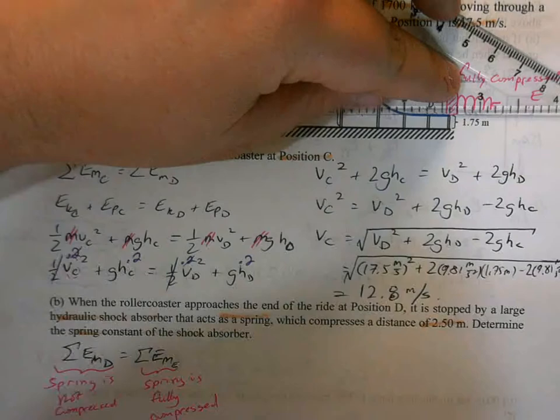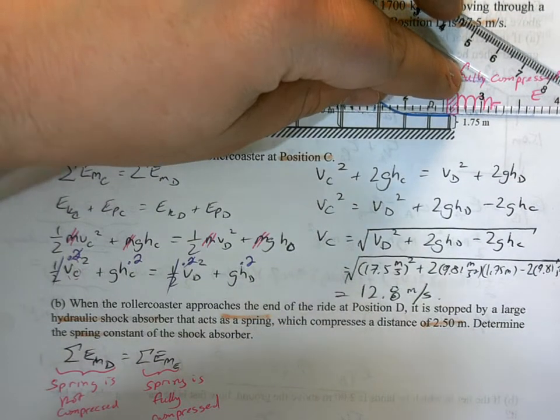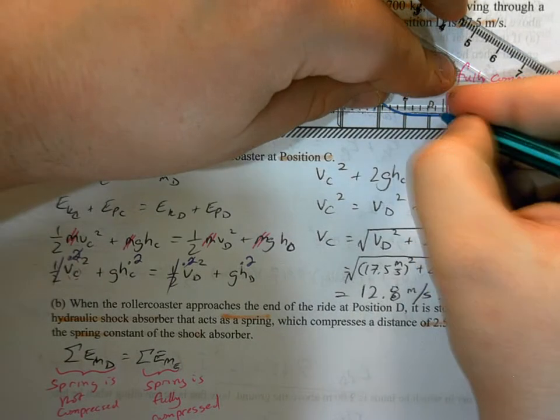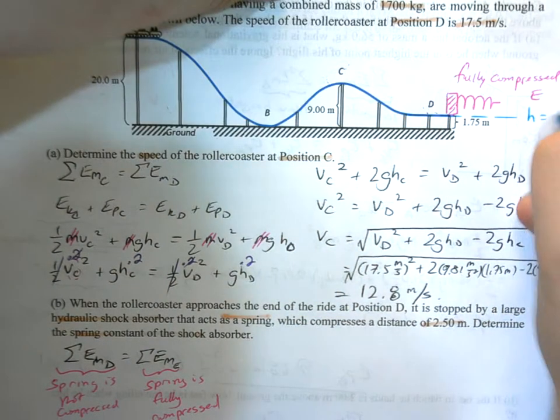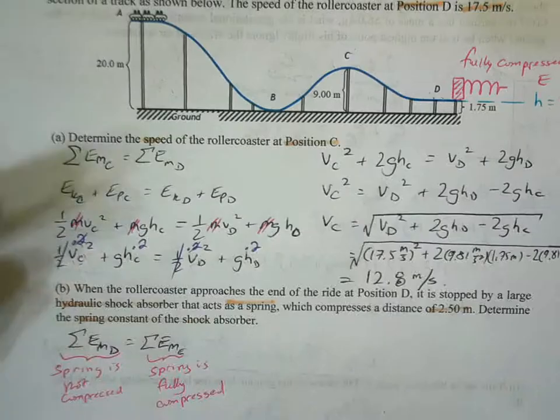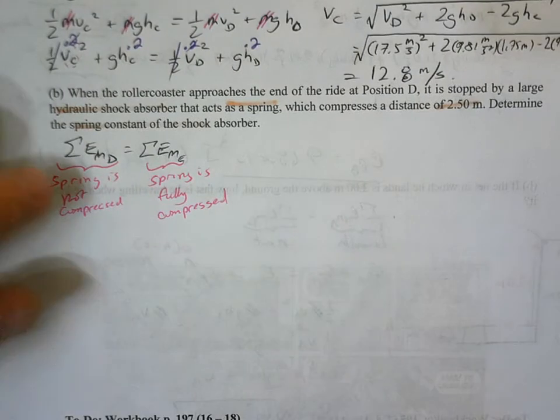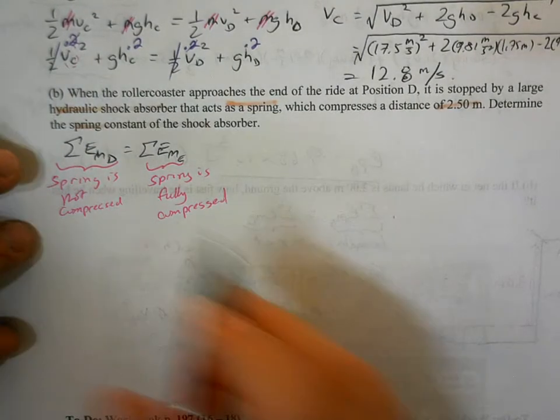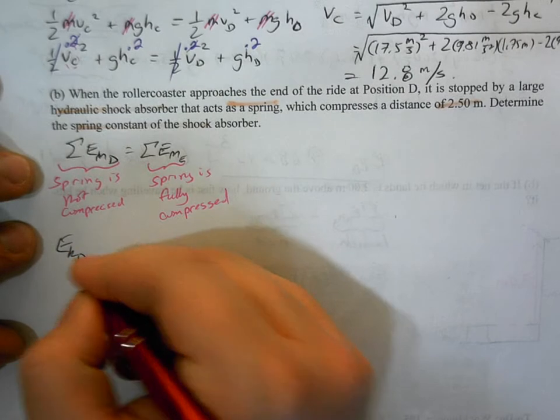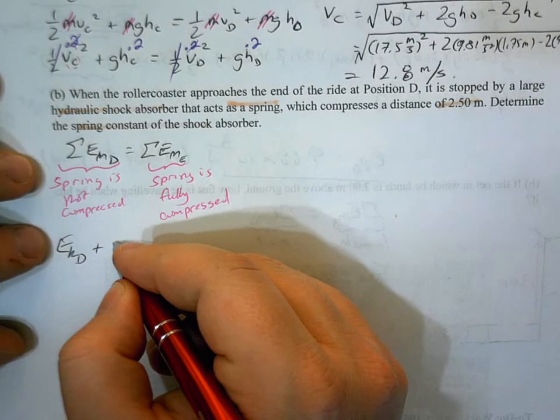Since D and E are at the same vertical height, I'm going to set this vertical height to be 0. That's going to help me out a little bit later. So at this point, my mechanical energy at D, we're going to have the kinetic energy at D, and we're going to have different forms of potential energy.